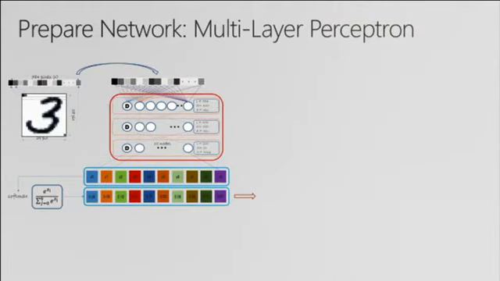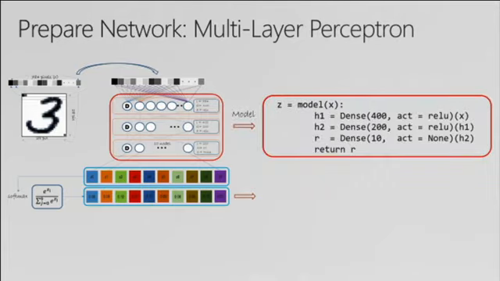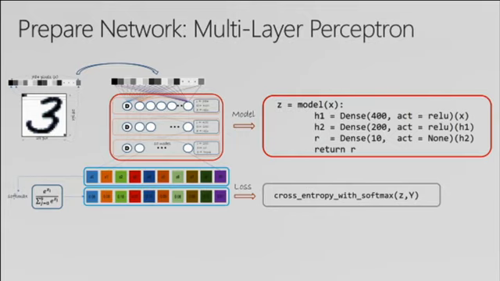Once the reader is written, you want to prepare your network. In this particular case, let's say we want to write a simple multi-layer perceptron. You get a model that's something like this. It's a 3-layer network, very similar to the one I just presented. You have 3 dense layers, and writing it in Python is extremely simple. And then this is your loss function.